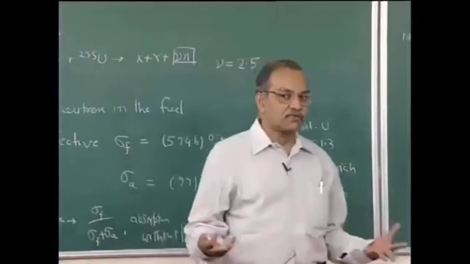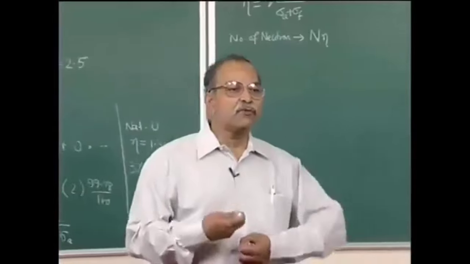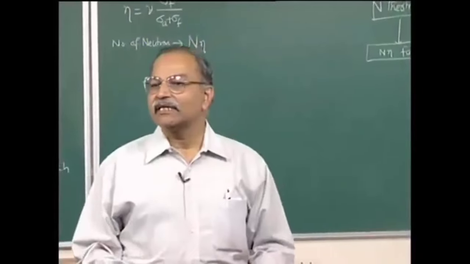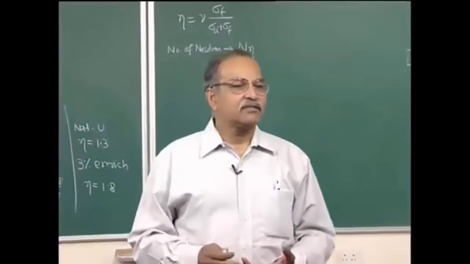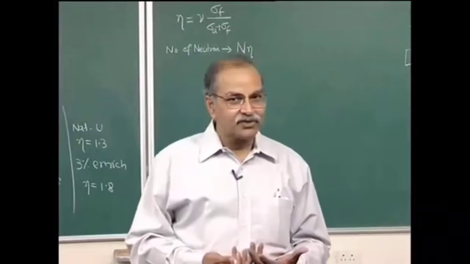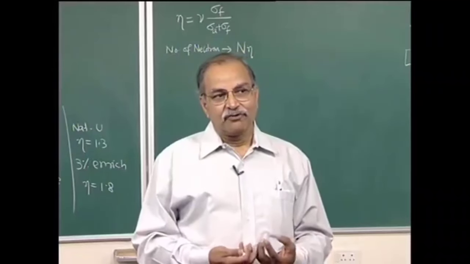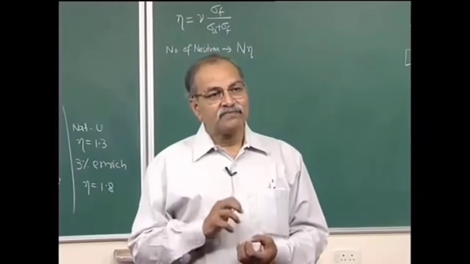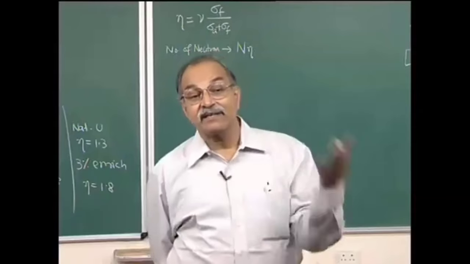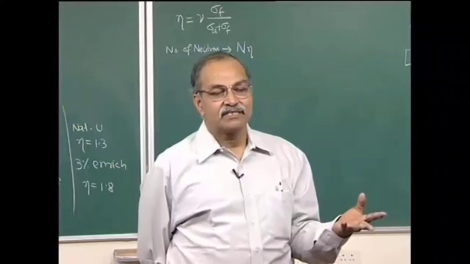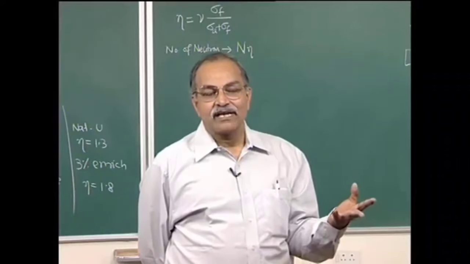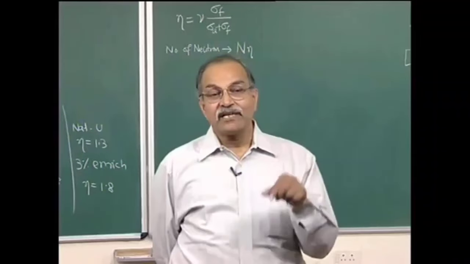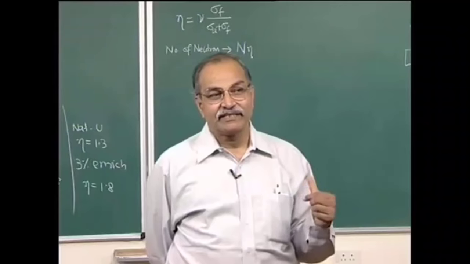Now, these are fast neutrons. These fast neutrons are supposed to come out of the fuel rods as soon as possible, so that they get into the moderator, but it is all random phenomena, it is all statistical phenomena. So, before coming to that moderator, some of these neutrons can interact with the uranium-238 which is there and produce what you call fast fission. Fission of uranium-238 is possible at these energies.